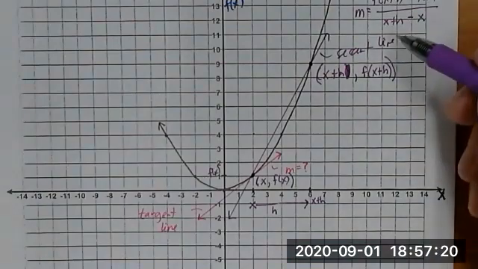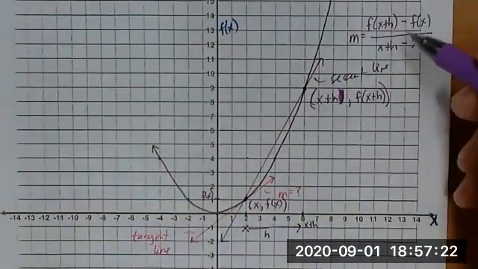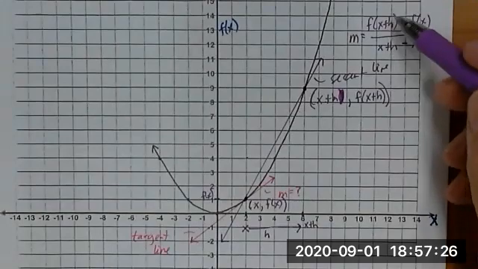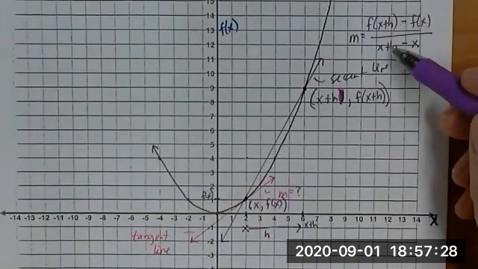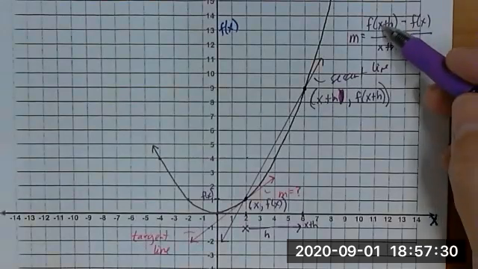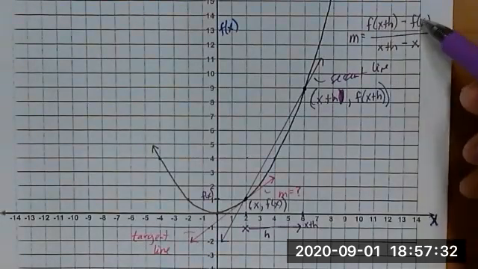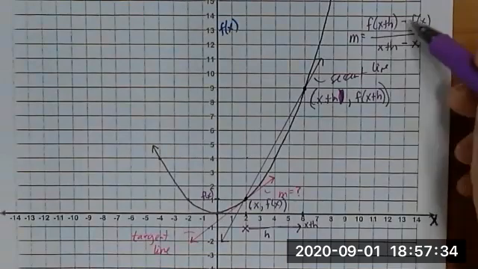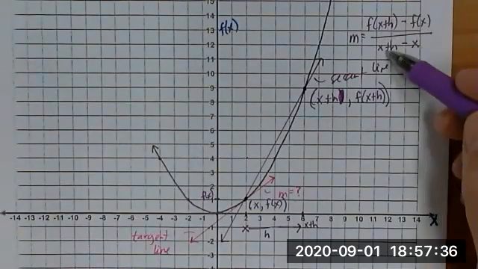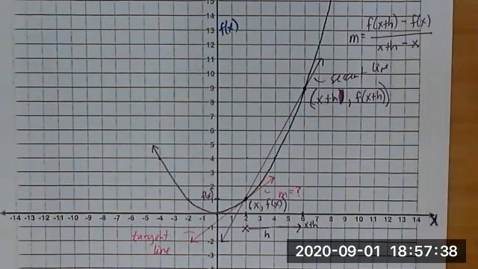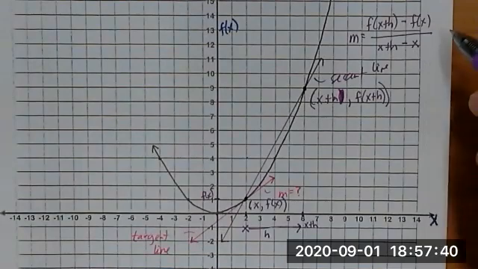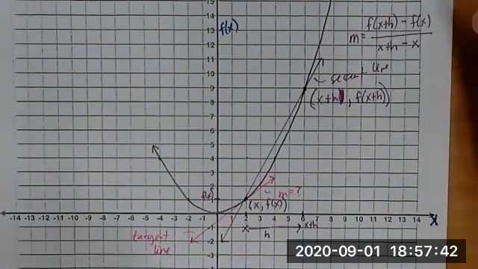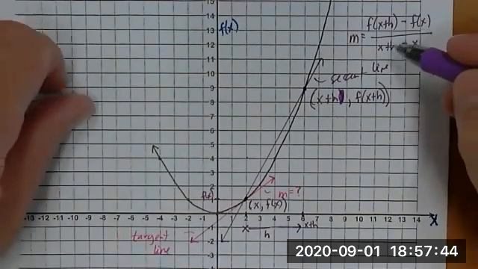So this is the traditional way you calculate slope, like y2 minus y1 over x2 minus x1. The change in the y's, the change in the vertical, the change in the up and down, over the change in x, or the change left or right. But what's interesting is this can be simplified, because look at the denominator.